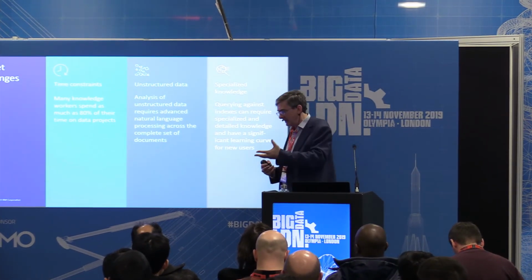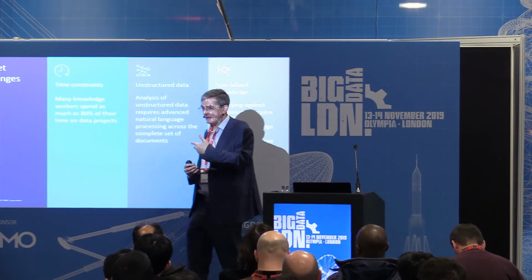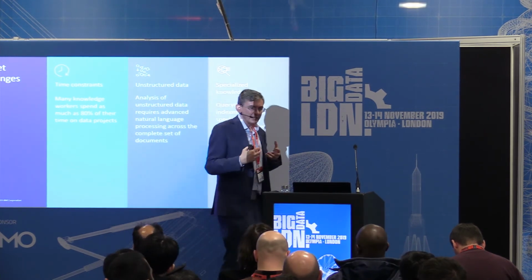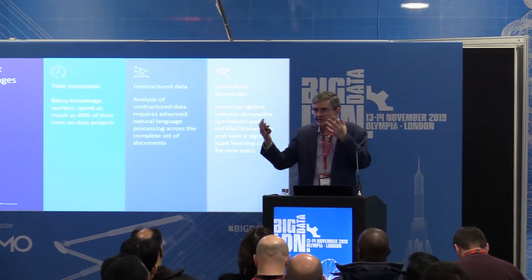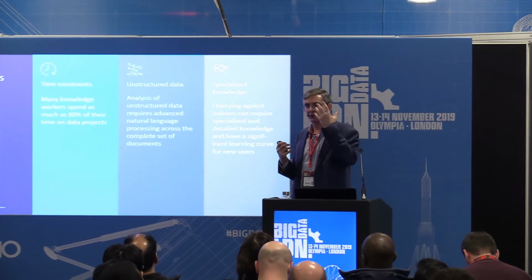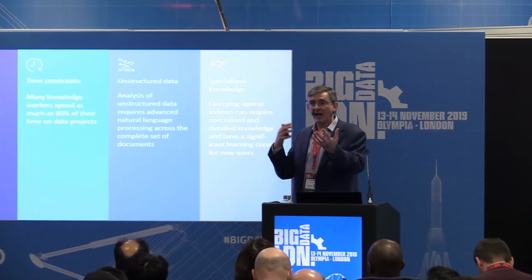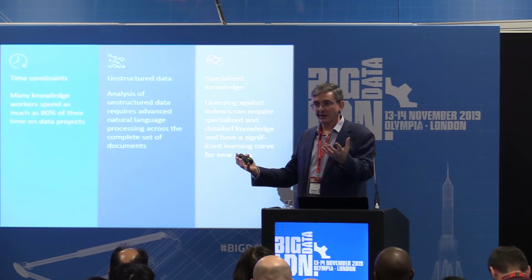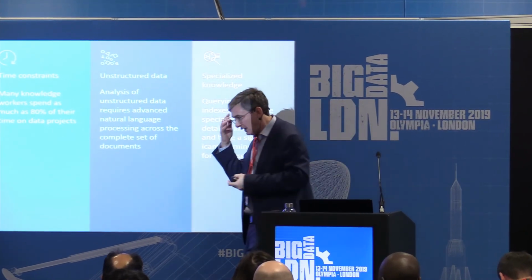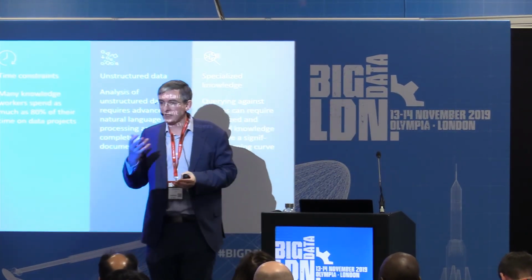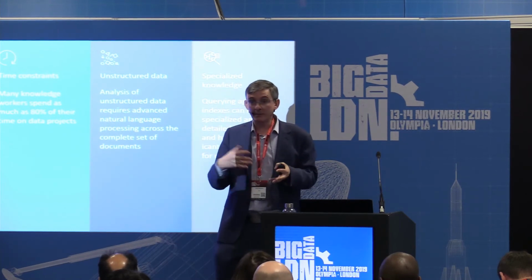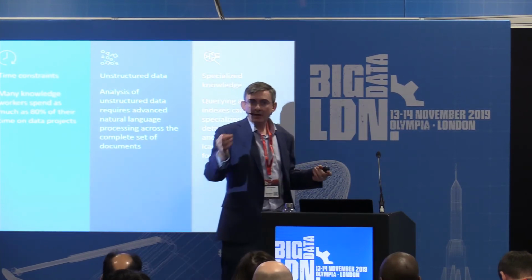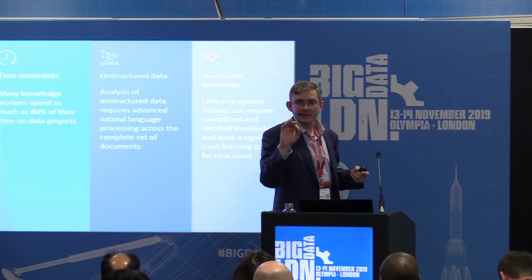But increasingly, the way that people think about how they operate, they're thinking in a question and answer paradigm. They're thinking, I've got a business question, how do I answer it? And ideally what I want to do is ask that question, either through typing or maybe through speaking, and I want the system to find me the best answer.